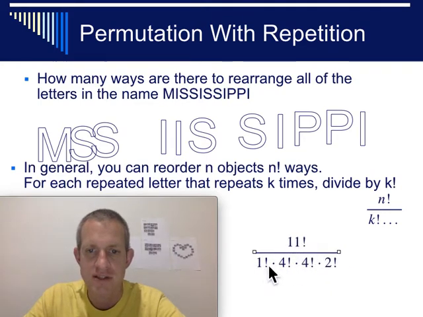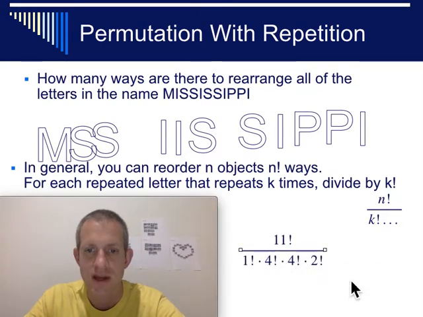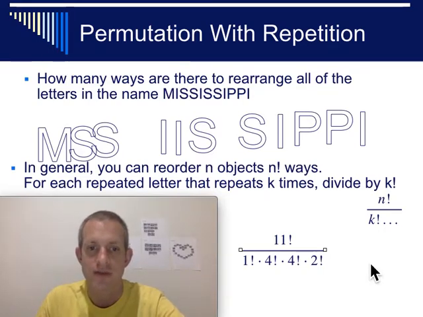And then for each of the letters that repeats: M repeats, well, it doesn't repeat, it occurs once. And the I's, there are 4 I's, so that's why I'm going to divide by 4 factorial. There are 4 S's, and there are 2 P's. And so if you were to take 11 factorial and divide it by 1 factorial, and 4 factorial, and 4 factorial, and 2 factorial, you'd have your answer.